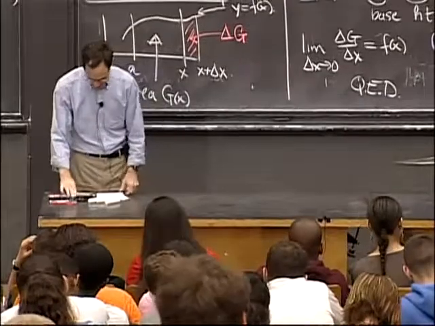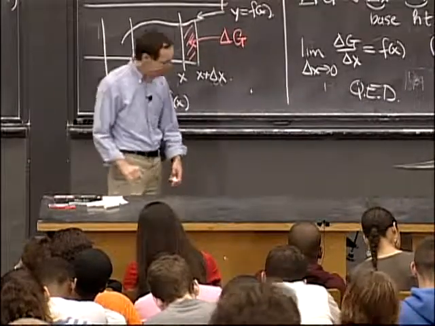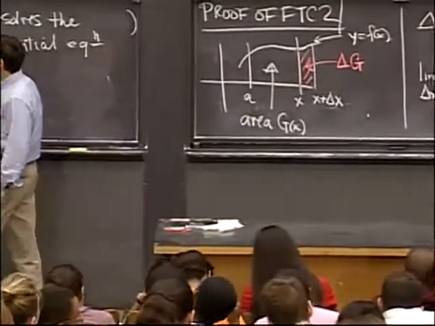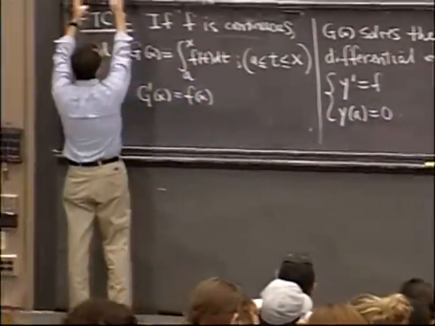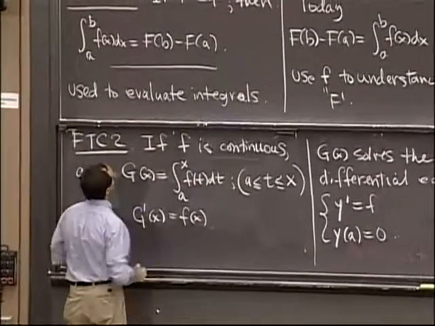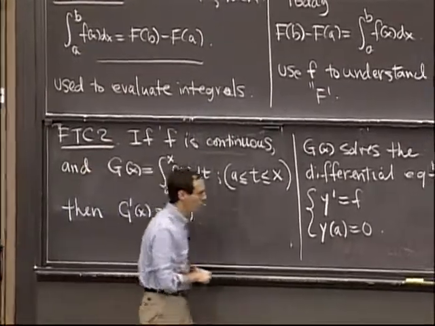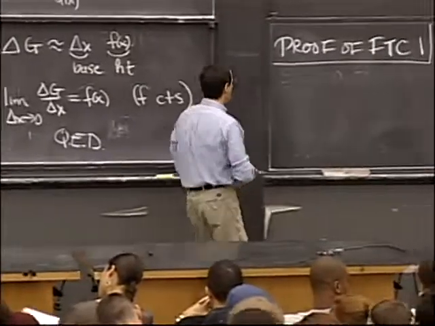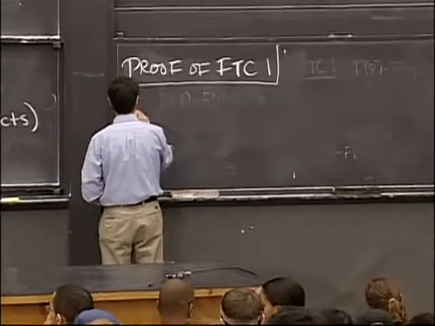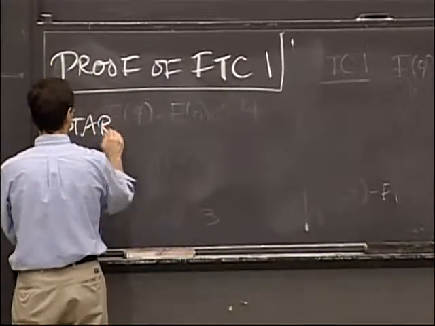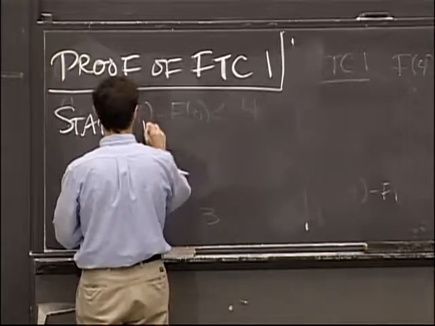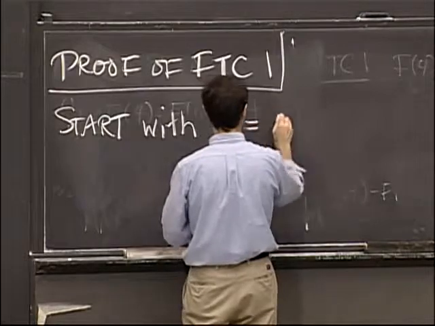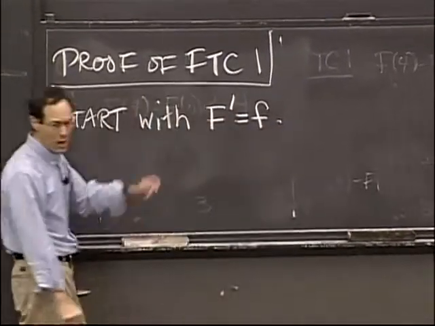All right, so now I still have it on the blackboard to remind you. It says that the integral of the derivative is the function, at least the difference between the values of the function at 2 places. So the place where we start is that with this property that f prime is equal to little f.